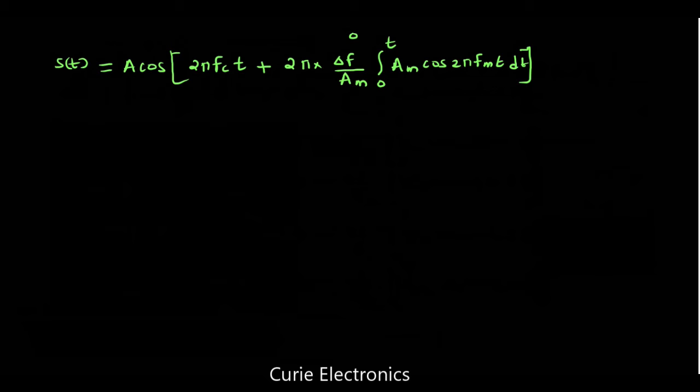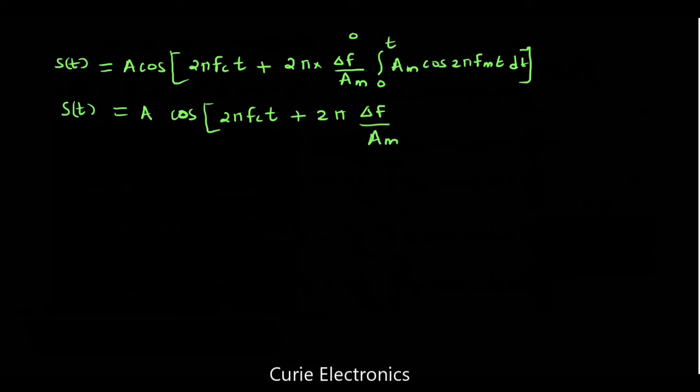Now let's finish this equation. So s of t equals A cos 2 pi f_c t plus 2 pi delta f upon A_m.